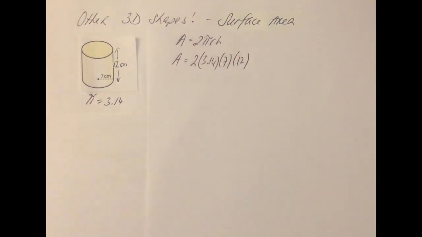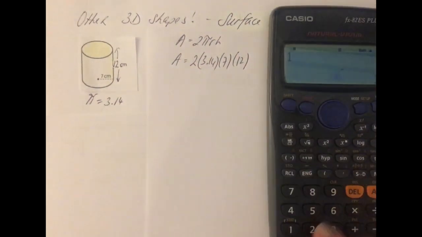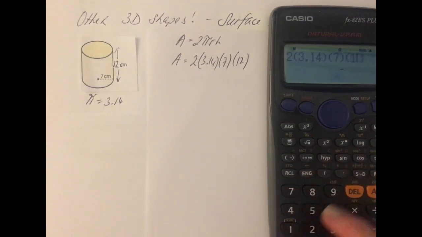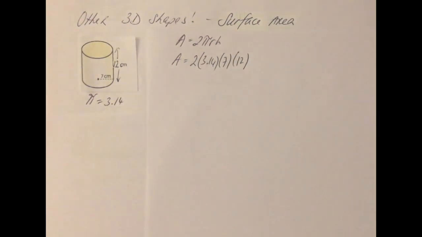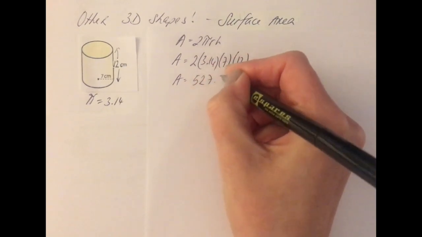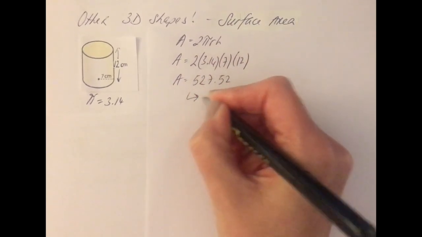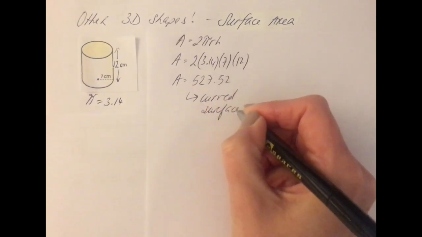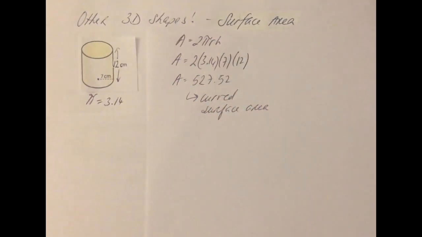And so for the curved surface, 2 bracket 3.14, 7 in brackets and 12 in brackets, we are getting 527.52. So that is the curved surface area, and if that's all you were asked for, you'd be done.